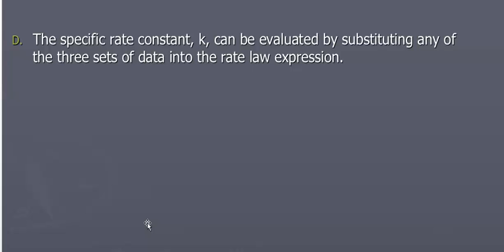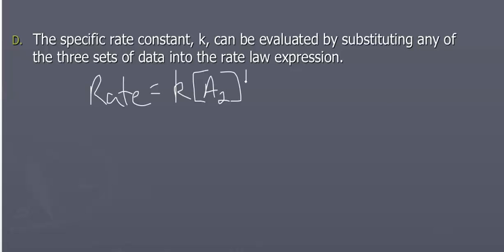From our rate law, we can determine the specific rate constant K by substituting in data. So my rate law is K times the concentration of A2 raised to the first. If I want to determine what K is, I can substitute any set of data. So let's just substitute in the data for trial 1.